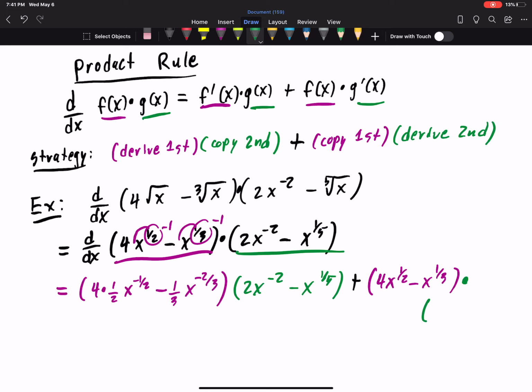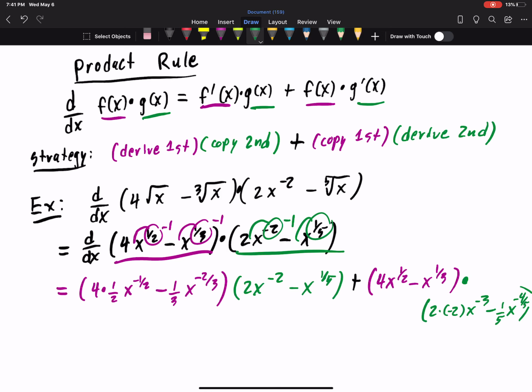All right, so derive the second. This gives us, well, take your minus 2, you bring it down in front, so you have 2 times minus 2, x to the minus 3 when you subtract 1 from the exponent. Do the same thing here with this 1/5, bring that down, so you have minus 1/5, x to the minus 4/5. And I still ended up running into the edge of the screen.